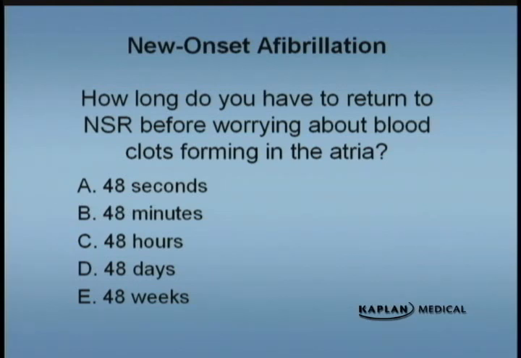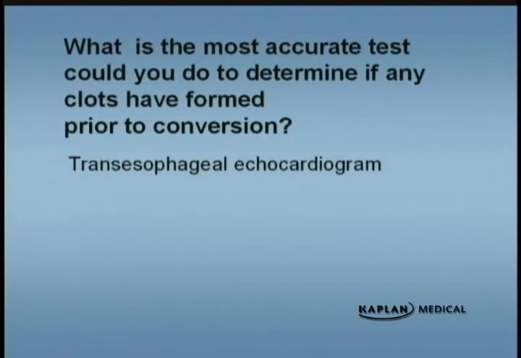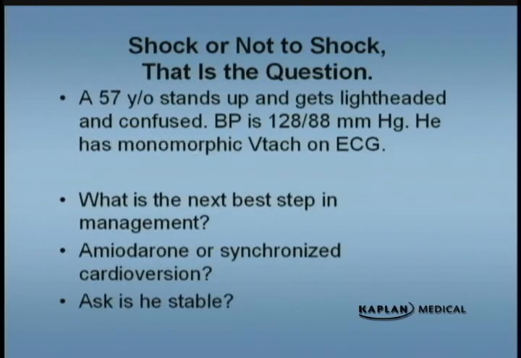If someone's in atrial fibrillation for 2 days, you better start worrying that there are blood clots in the atrium. And in this case, we either need to anticoagulate the patient prior to resuming sinus rhythm, or we need to do a test to prove there are no blood clots in the atrium. And the best test for that is transesophageal echocardiogram. More on that in the cardiology section of the series.